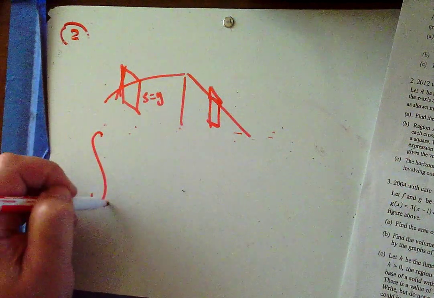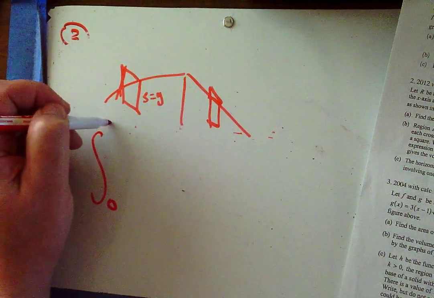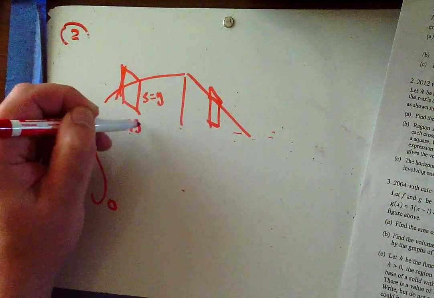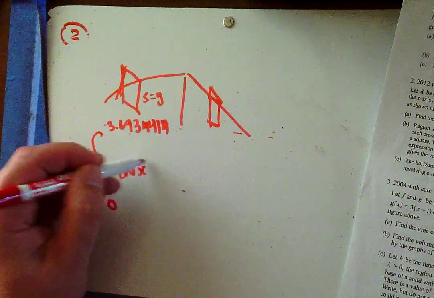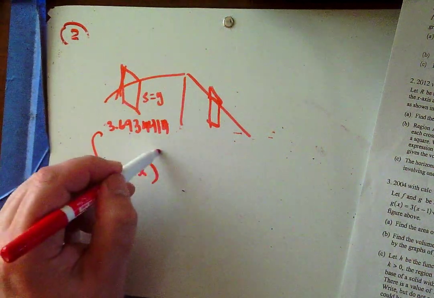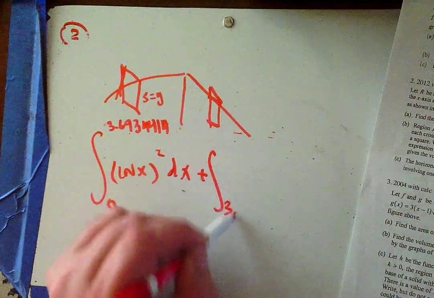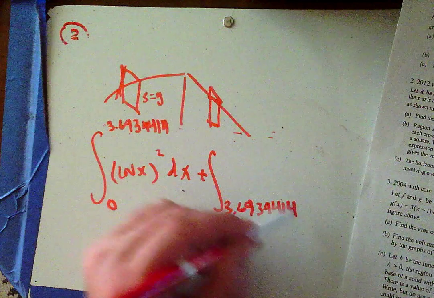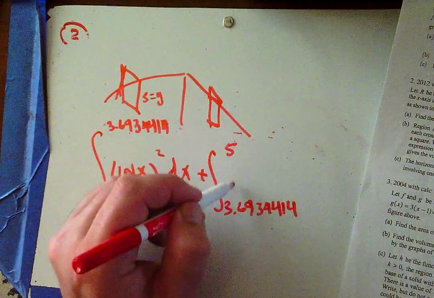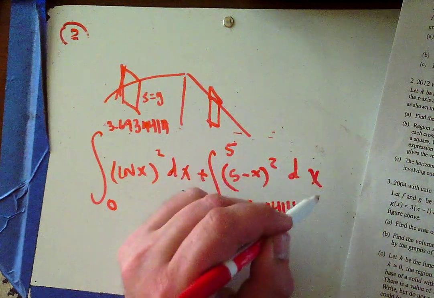So I'm integrating from 0 to, we said that was 3.693441, ln of x is the side length squared, plus the integral from 3.693441 up to 5 of 5 minus x squared dx.